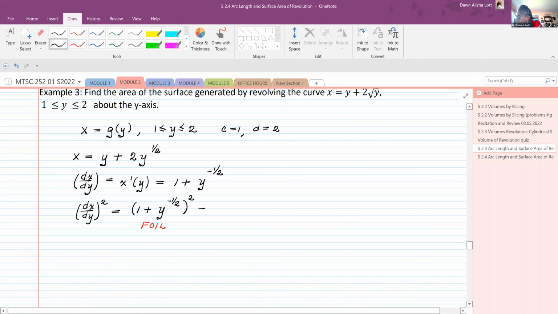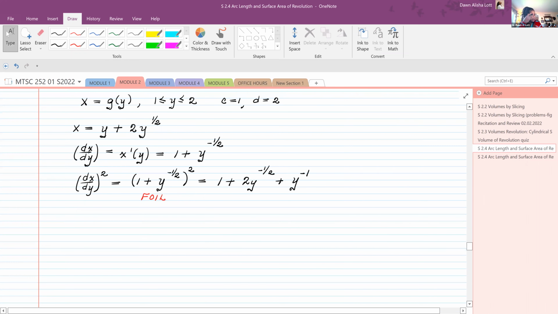And we're going to get 1 plus 2y to the negative 1/2 power plus y to the minus 1. Okay, so we FOILed that. Let's add 1 to it.